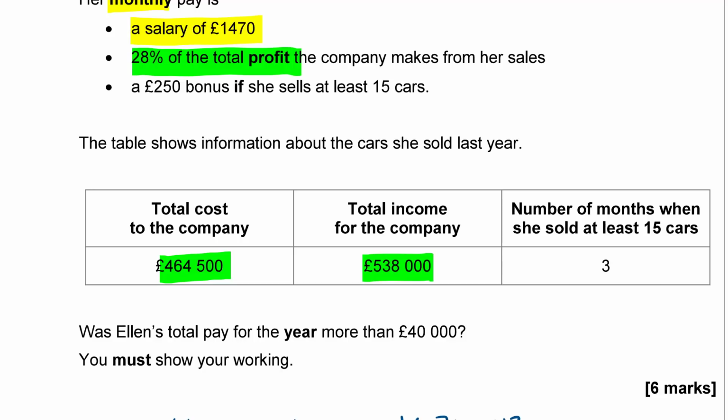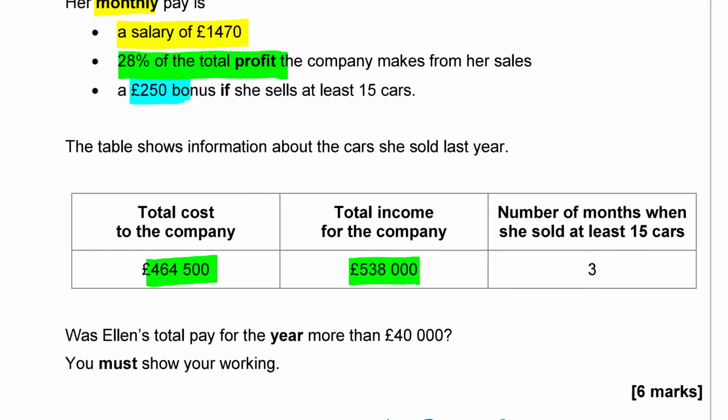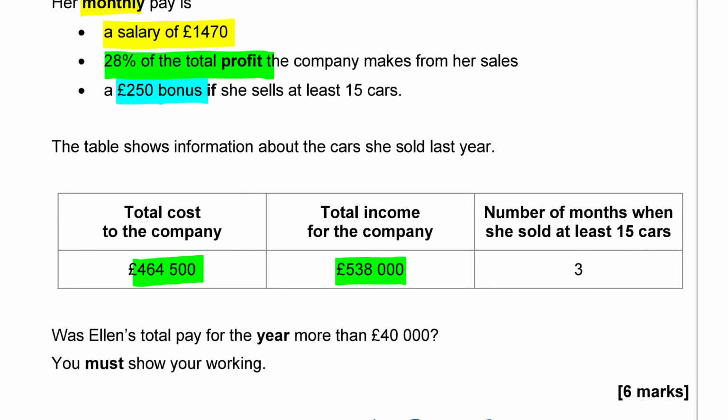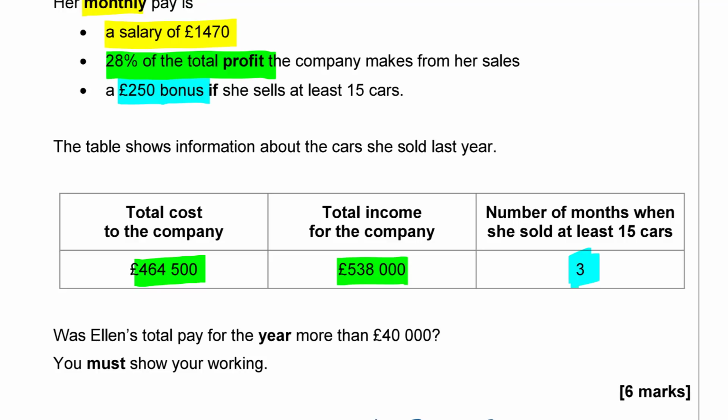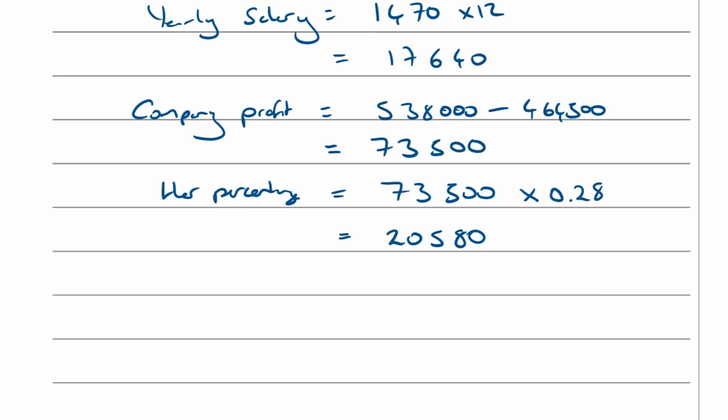Now her bonus is £250. Oops, £250 bonus if she sells at least 15 cars. Now we're told that there were 3 months where she sold at least 15 cars, so she's going to get that bonus 3 times over, isn't she? So her bonus is going to be £250 times the 3 times that she earned it, which is £750.